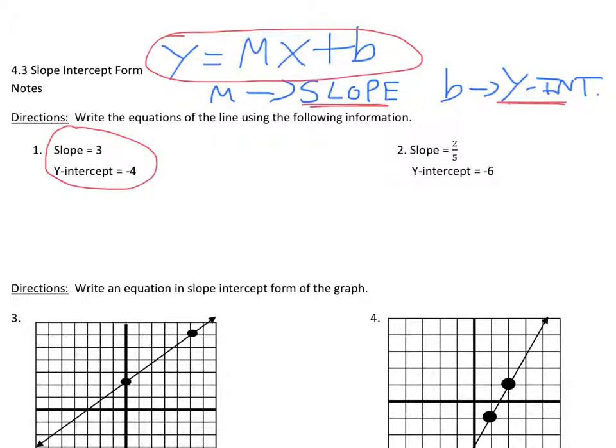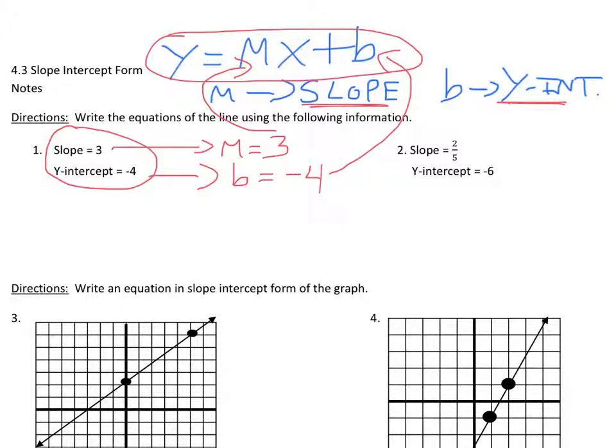So for number 1, if they tell us the slope is 3, that's like saying m equals 3. If they give us that the y-intercept is -4, that's just like saying b equals -4. So all I do is take the 3, plug it in for m, take the -4, plug it in for b. So this equation is just y equals 3x minus 4.